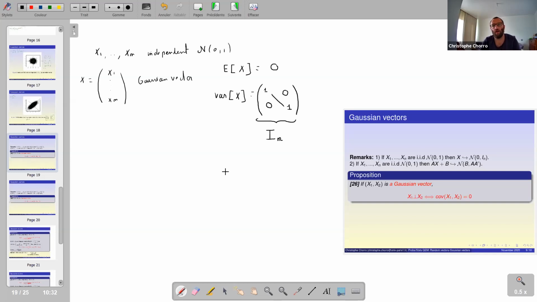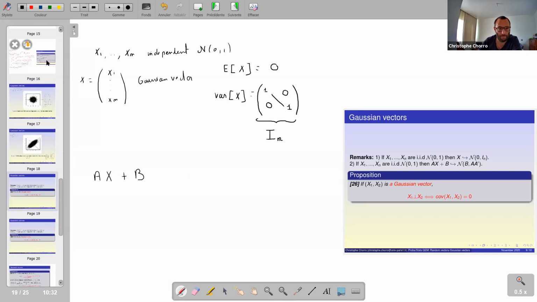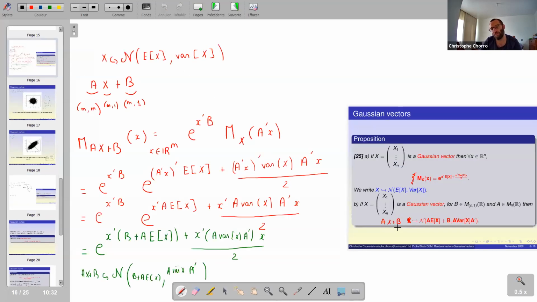Now what happens if I transform linearly this vector? I can use the previous proposition that tells me if I transform linearly a vector, I obtain this one. In my particular situation, the expectation is equal to 0, so I don't have such a term here, and my variance covariance matrix is equal to the identity.